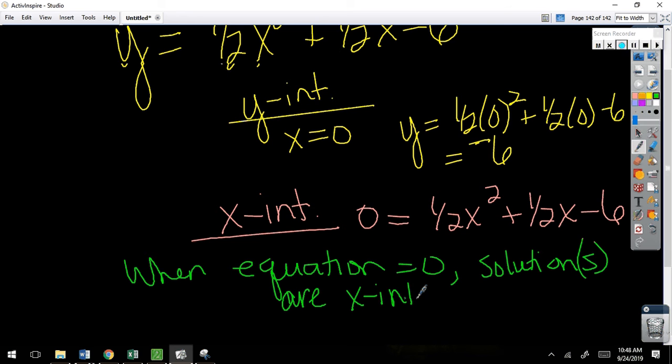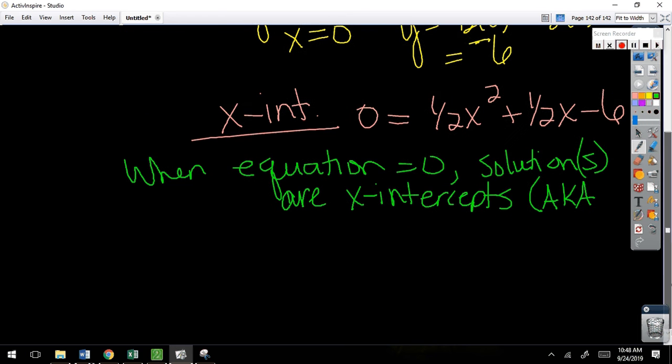Why? Because that's what I was finding. I was finding the x-intercepts. This is also called zeros, solutions. Any of those words are synonymous with our x-intercepts, okay?